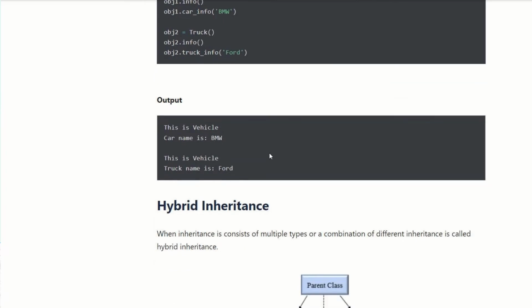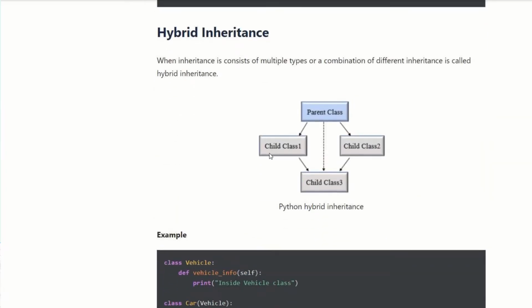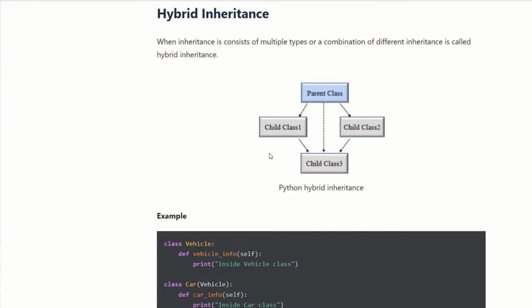And here another type of inheritance, which is the hybrid inheritance. So it means that it consists of multiple types of inheritance combined. Could be there is a multi-level or multiple or a single inheritance or any types of inheritance. So nagtapos siya tawag hybrid.